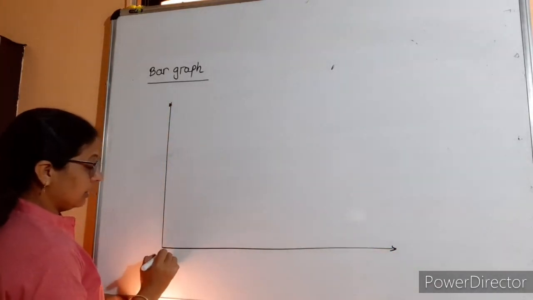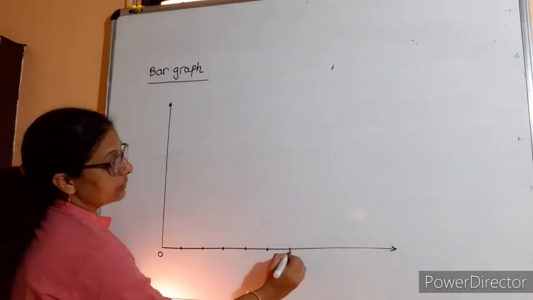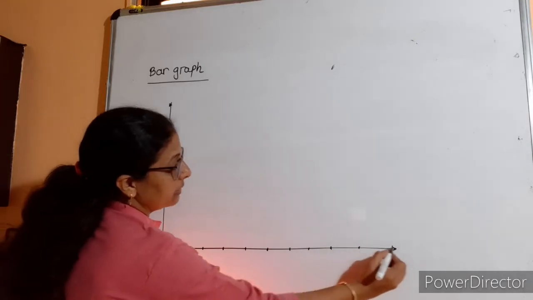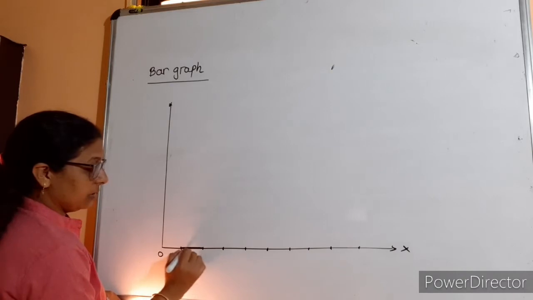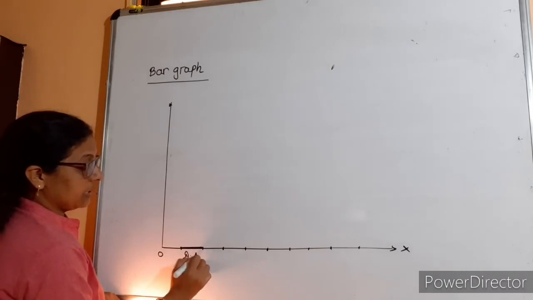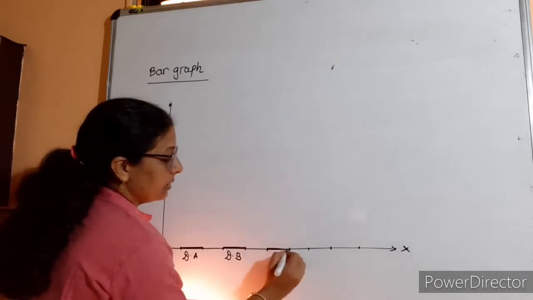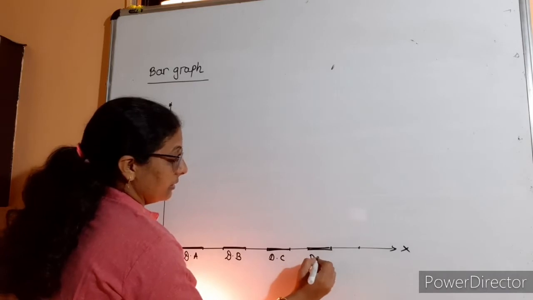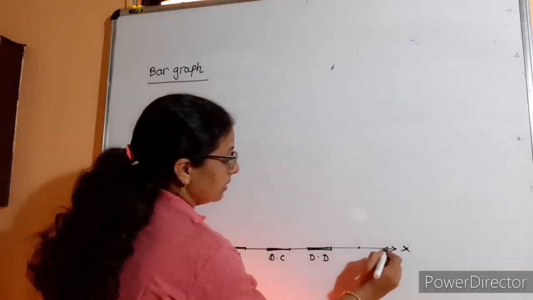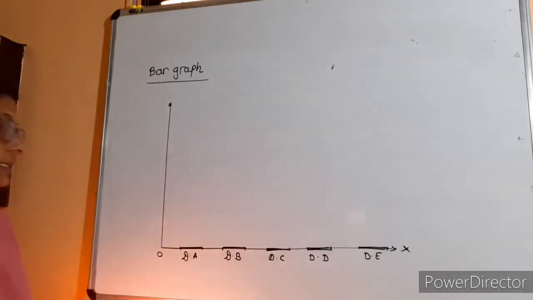Now, this is our graph paper. On the graph paper, these are the points given. We have to take, this is region for district A, this region for district B, this region for district C, district D, and this is for district E. A, B, C, D, E district is given.